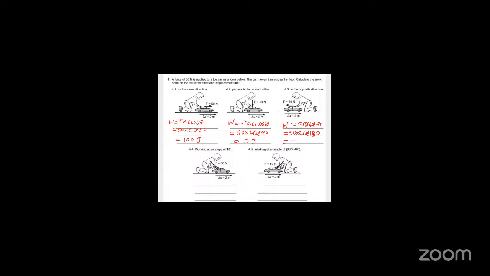The answer is negative 100 joules. Some energy was lost. Energy added is positive, energy lost is negative. Then 4.4.